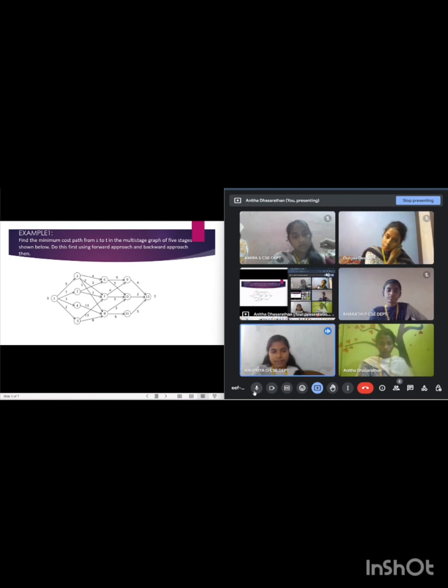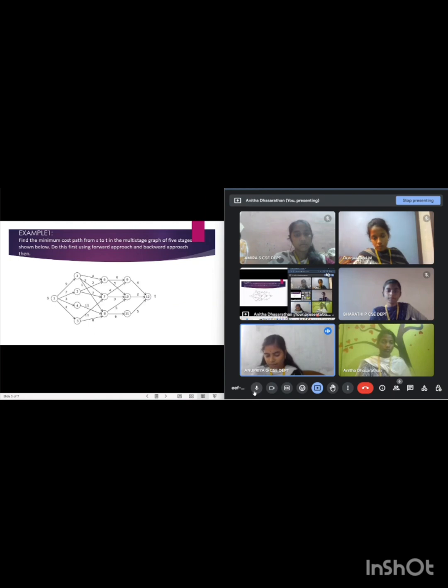In the third stage, we have 3 vertices: 6, 7, and 8. Let's consider vertex 6. For vertex 6, we have 2 incoming edges, from 2 and 3. We will be summing up the cost of the last node with the path length. Let's consider vertex 2. The cost of vertex 2 is 9.